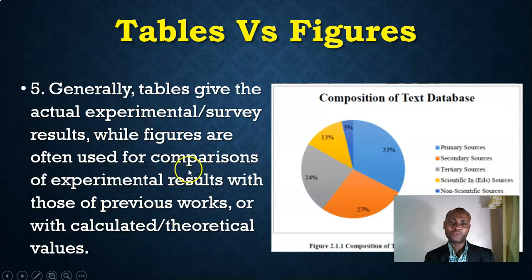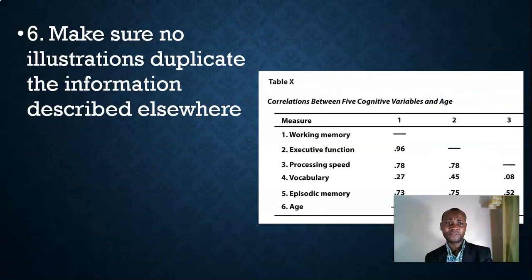So if you are trying to compare various components of your results, then you can use figures. But if you are trying to just show your results, if you are trying to emphasize the numbers, then you have to use the tables. Okay, this is just a basic differentiation.